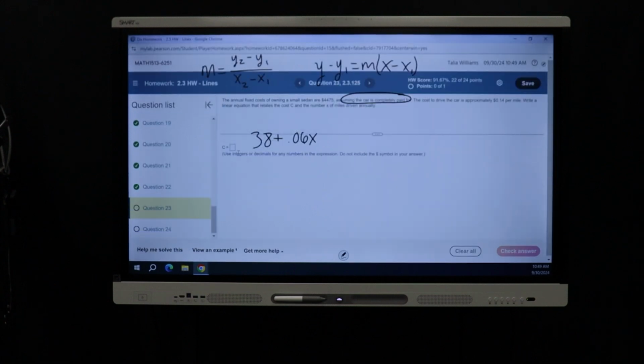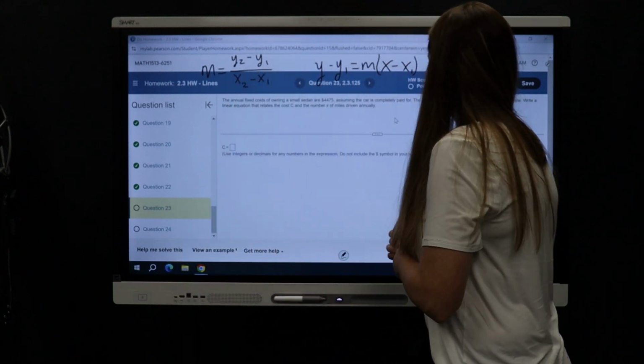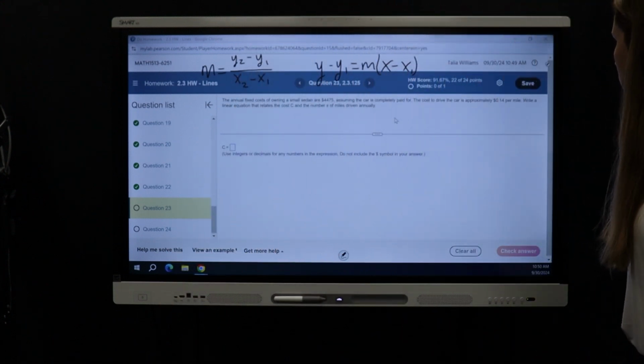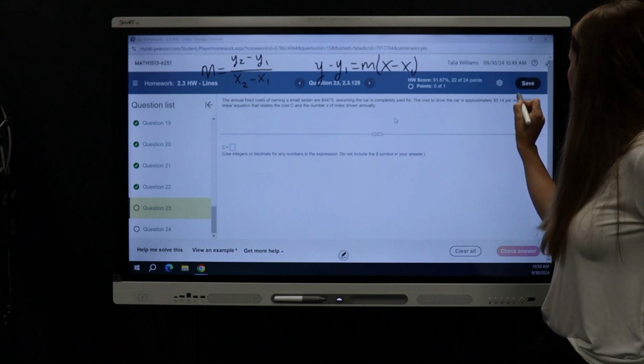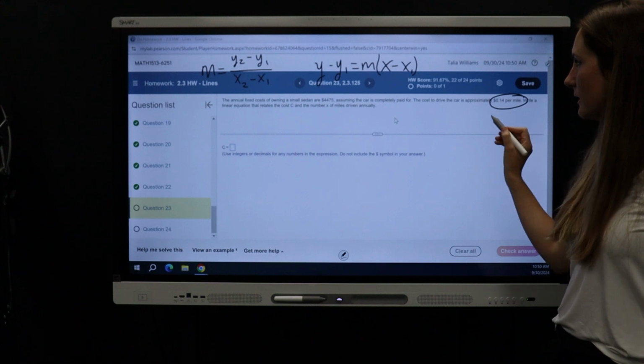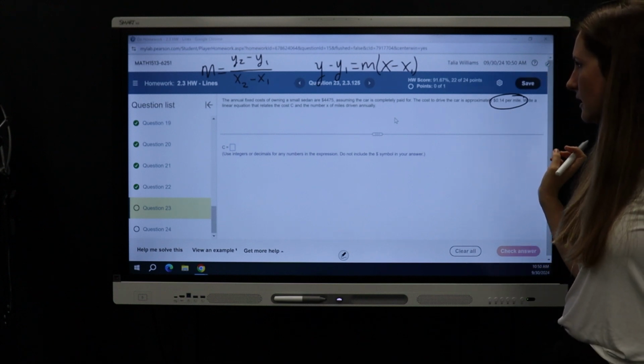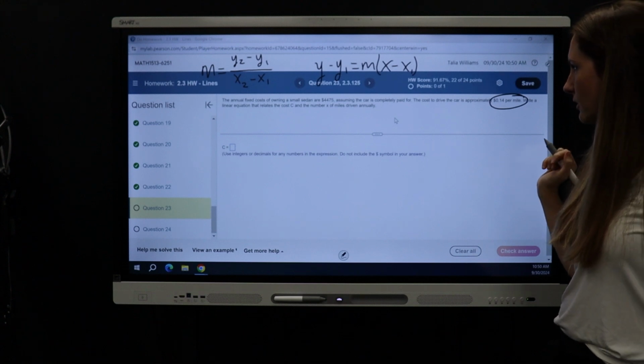minimize that, maximize this. The annual fixed cost of owning a small sedan is $4,475, assuming the car is completely paid for. The cost to drive the car is approximately 0.14 cents per mile. Write a linear equation that relates the cost C and the number of x miles driven annually.